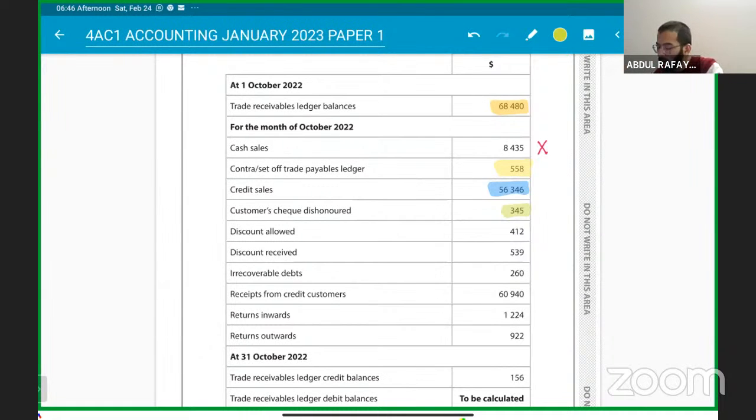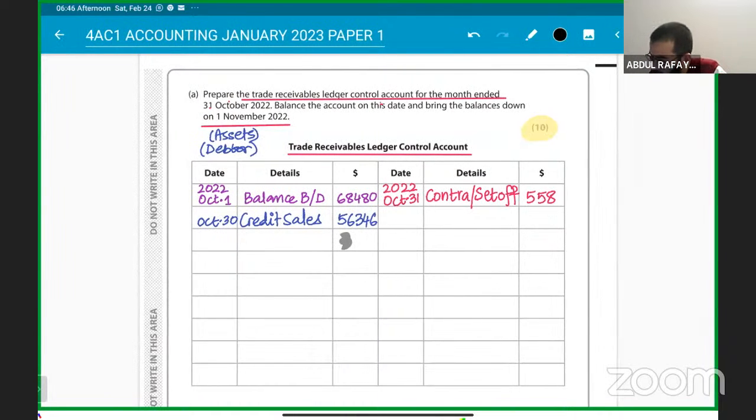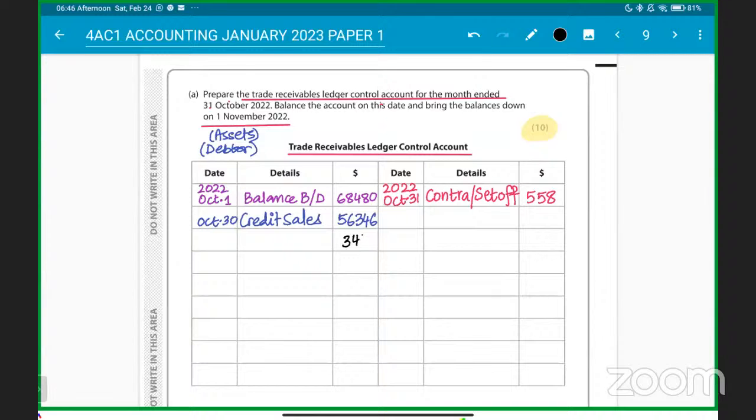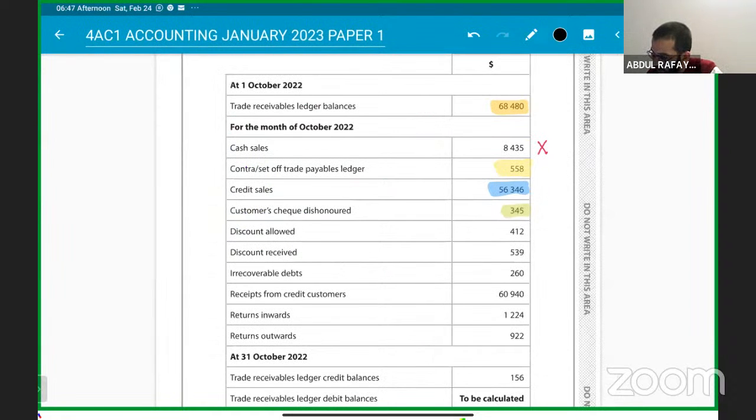It also comes on the debit side because it increases the debtors. Our customers again increase.